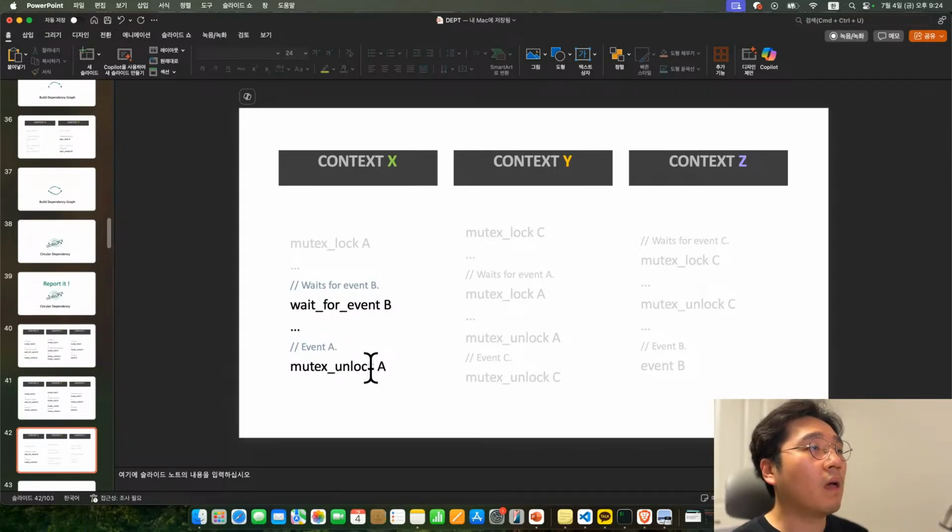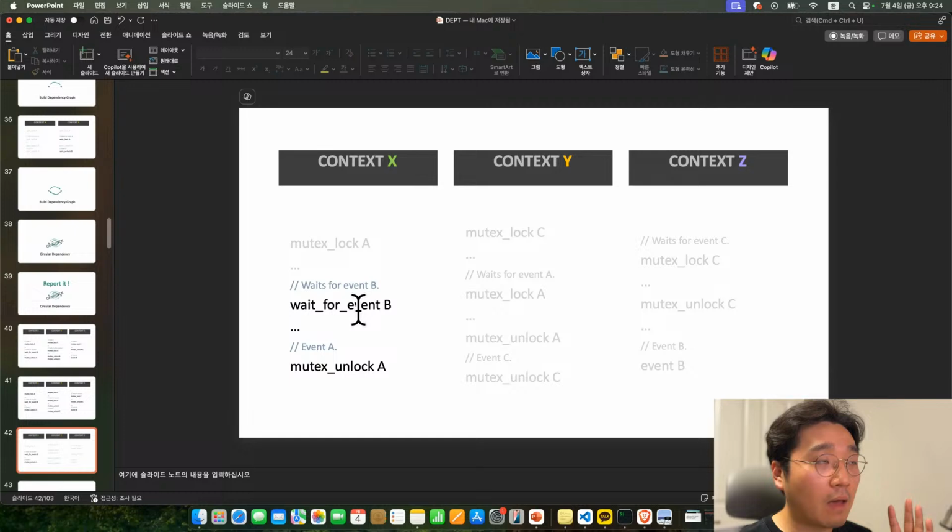So event A depends on B, right? And event B is the waiting event, right? Lockdep has no way to find this waiting.